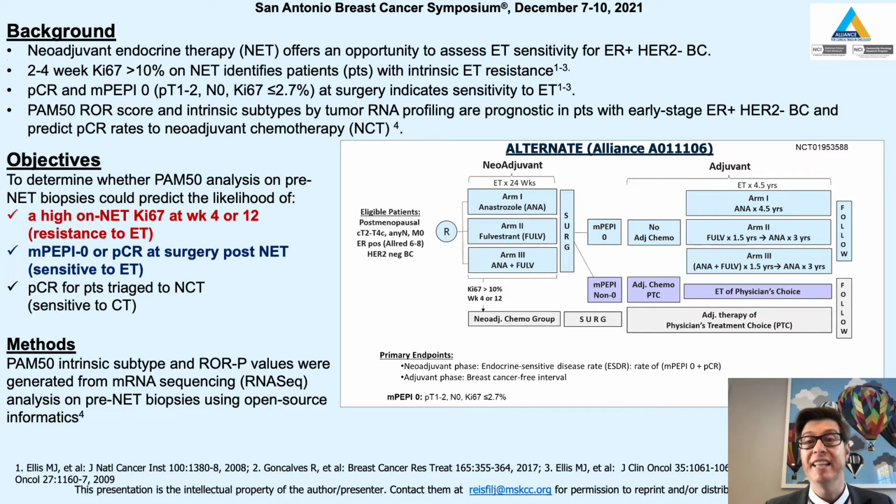And they used then the PAM50 subtyping and ROR derived from mRNA sequencing and correlated it with a high on neoadjuvant endocrine therapy Ki67 at weeks 4 to 12, which would be a biomarker of resistance to endocrine therapy, or mPEPI-0 or pCR at surgery post-neoadjuvant endocrine therapy as a biomarker for sensitivity to endocrine therapy.